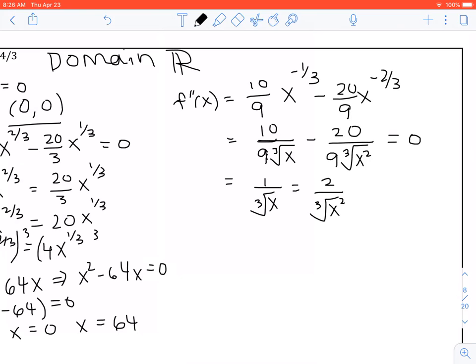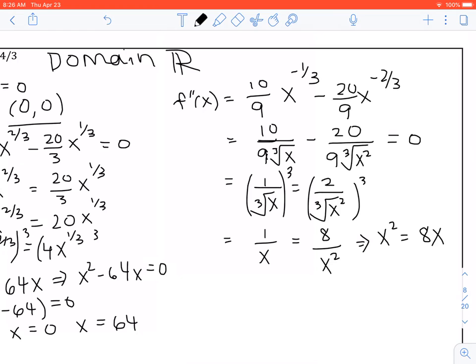And from here, I'm going to go ahead and cube both sides just like how we did before. So we get 1 over x equals 8 over x squared. I can cross multiply here, and when I do, I get x squared is equal to 8x.